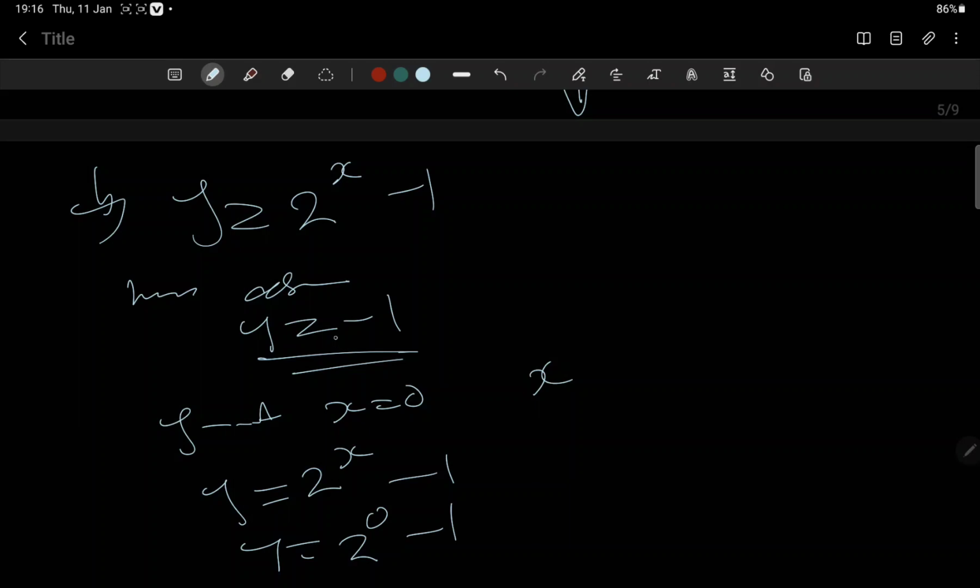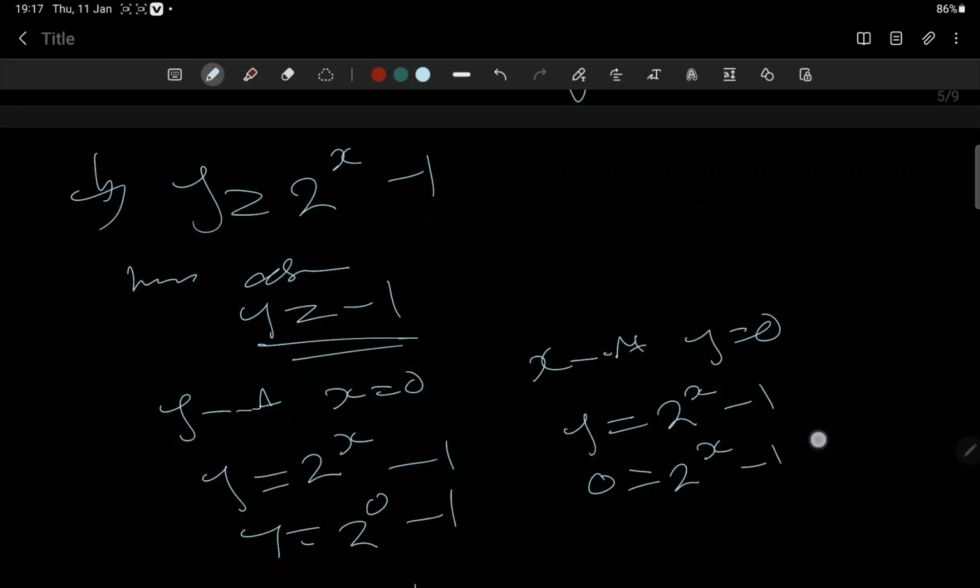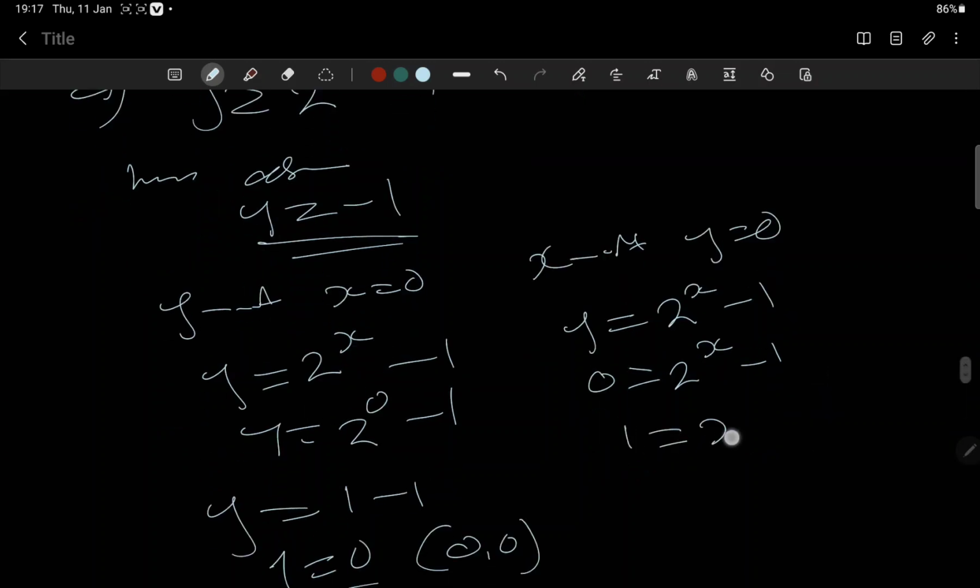Why? Because the asymptote is now below the x-axis, so a number between negative 1 going upward may be one of the intercepts. Let's find it out. X-int, this is where y is 0, so we're looking for a point where y is 0 on the graph. 2 to the x minus 1 equals 0. Add 1 both sides, you get 1 equals 2 to the x.